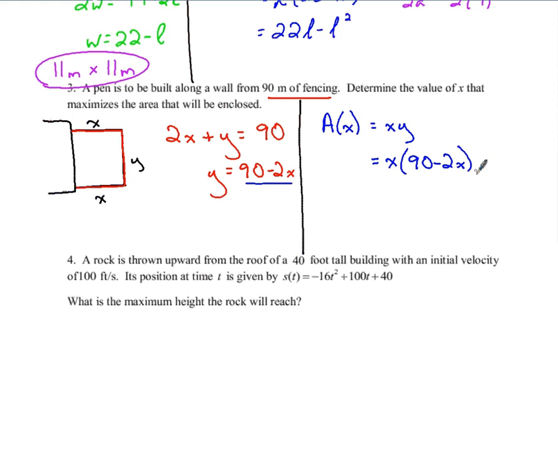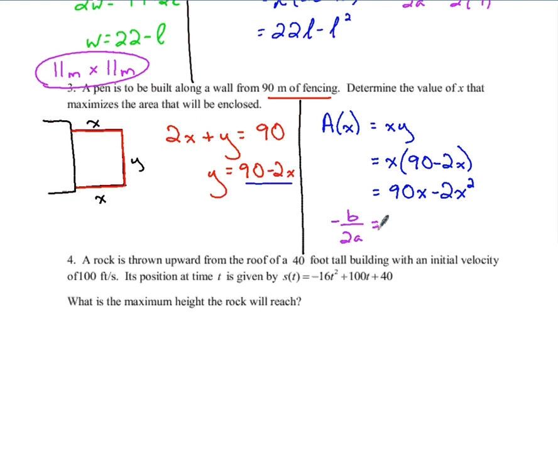You distribute your x through, you've got that quadratic you're looking for. Or I'm guessing, based on what you guys want to do on the last problem, using negative b over 2a is more preferable. Negative b over 2a will give us the x-coordinate at the vertex, which in this case will answer our question for that value of x we're looking for.